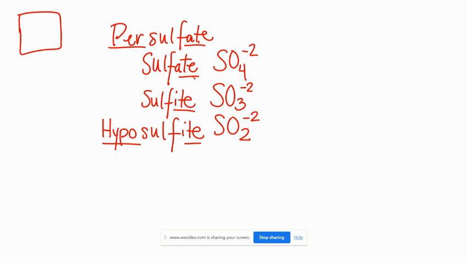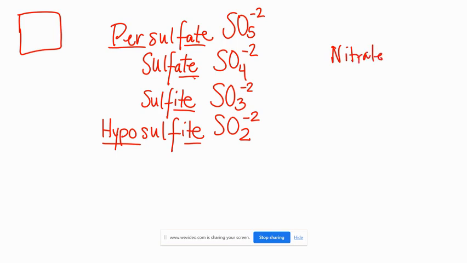What would my formula be for persulfate? SO5. Yeah, exactly. Make sense how this works? All right, so let's try it for another one. On there, you will find nitrate.